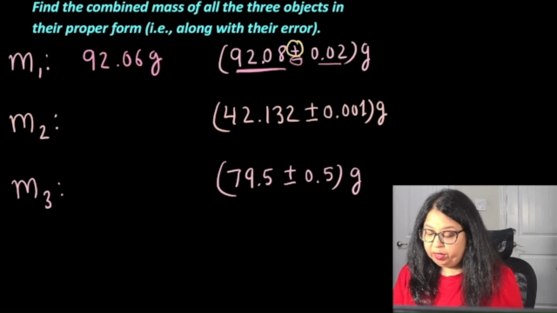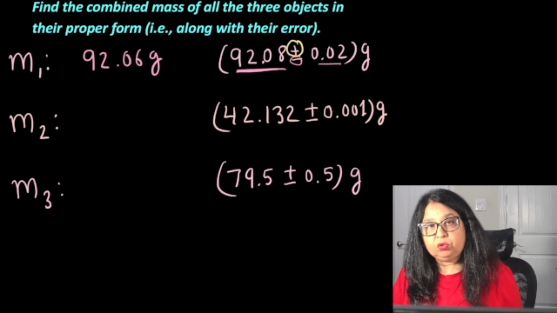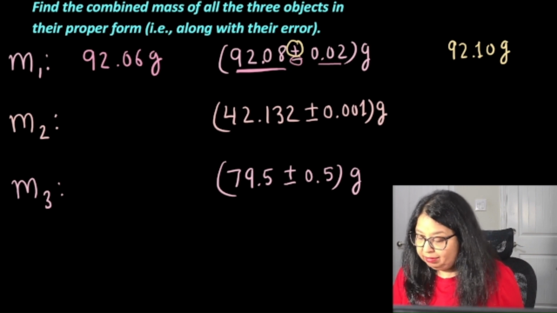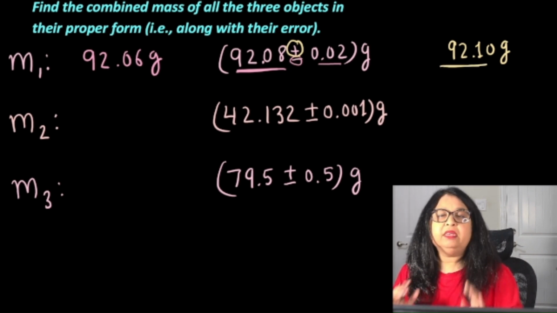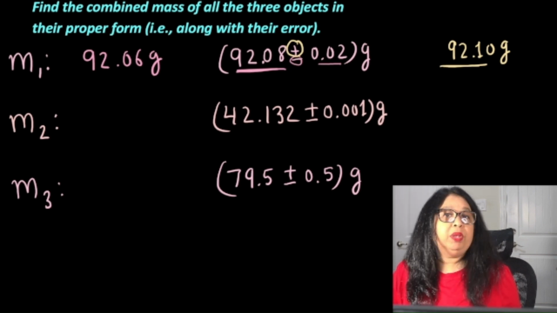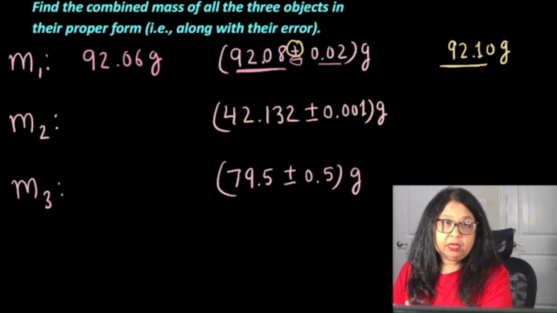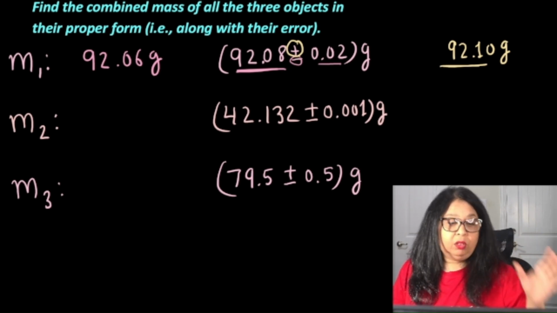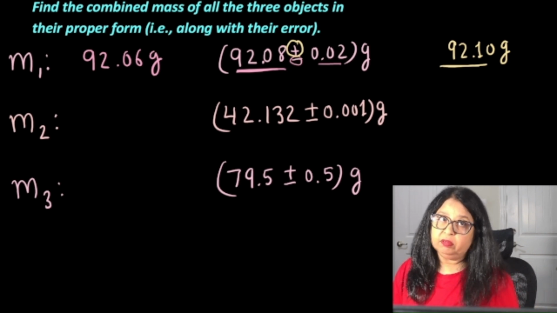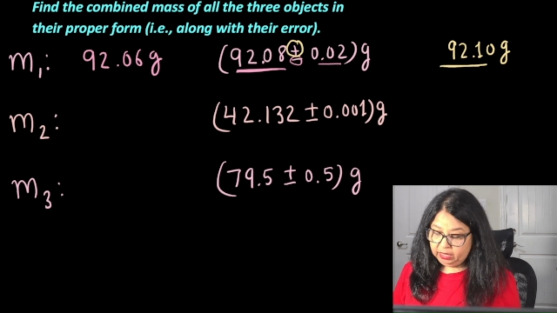So 92.08 plus 0.02 gives us 92.10 grams. This is the maximum, the highest possible value for M1. M1 cannot be greater than 92.10. It can be equal to that. And likewise, at the lower end, M1 cannot be smaller than 92.06. It can be equal to that, but not smaller than that.